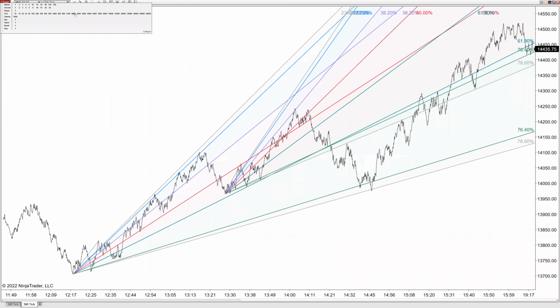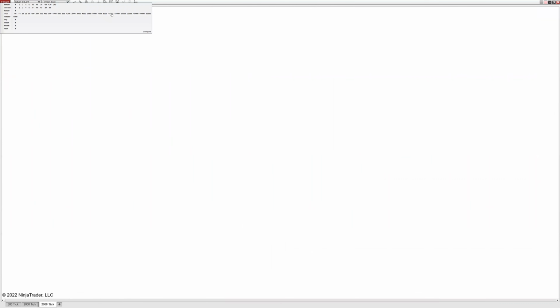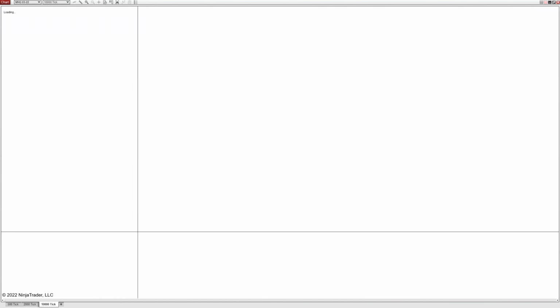Actually, that's still pretty small. The setup that I took was actually based upon, I think it was like a 40,000 or 60,000 tick chart. It was based upon trend exhaustion on the larger time frames.